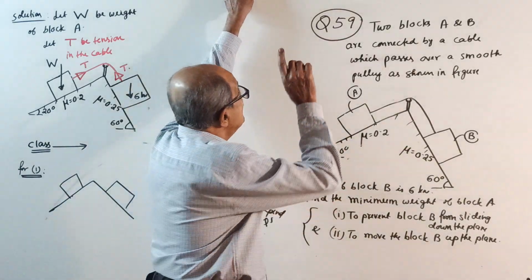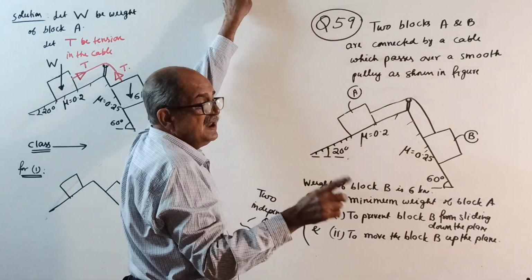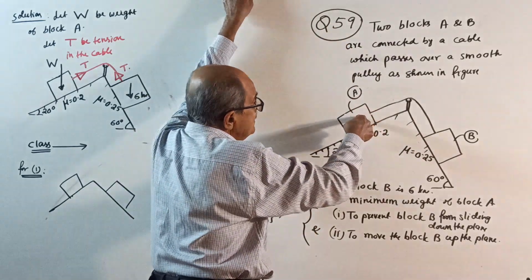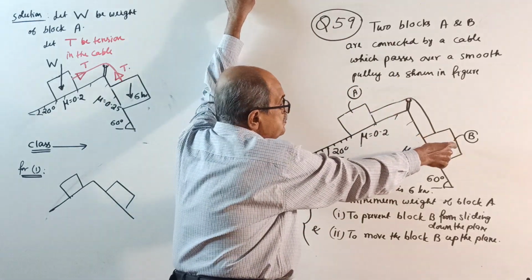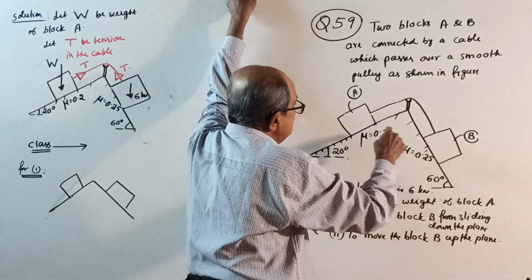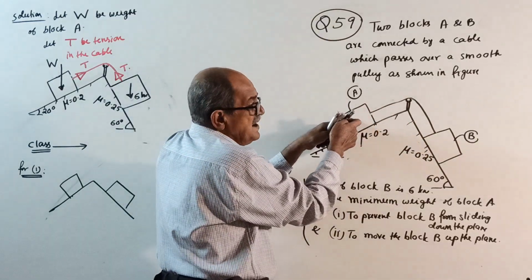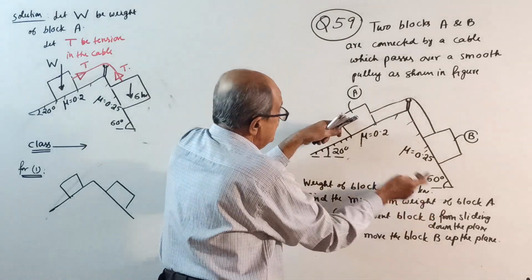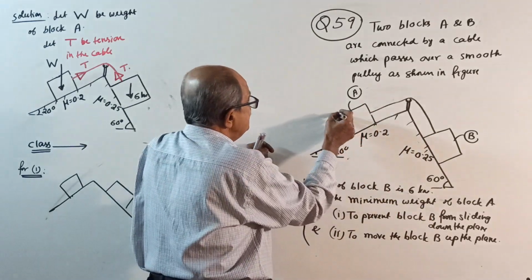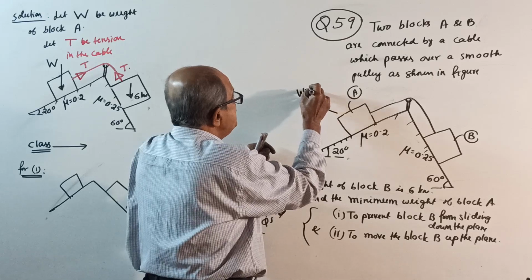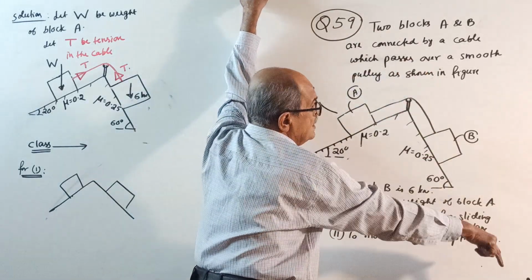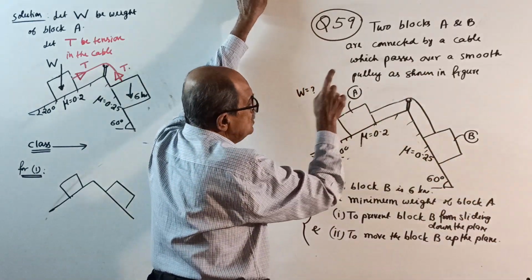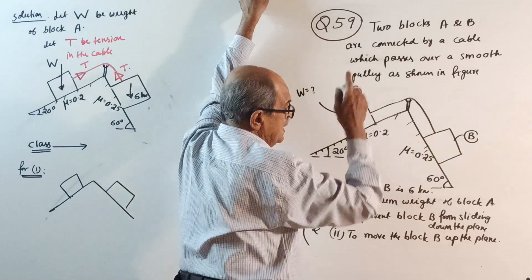Next class, what I will give is, I will explain now only, this weight I will give. I will ask the weight of block A, to prevent block B from sliding down, and then the weight to move block B up the plane.